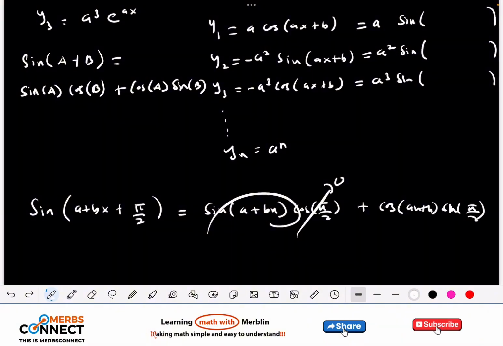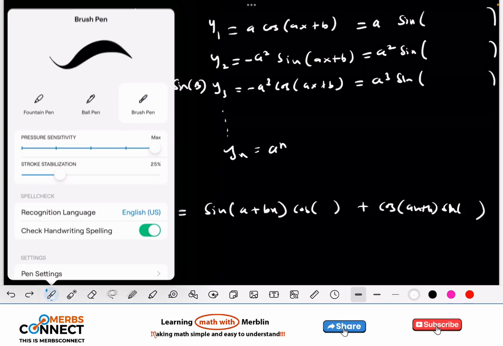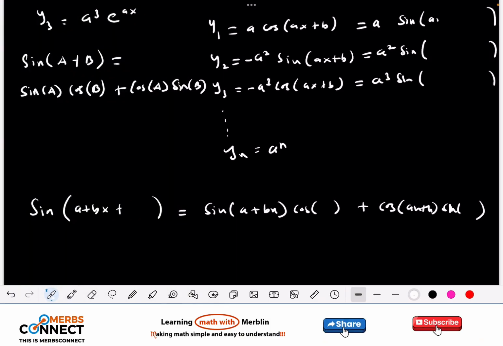So that's what you are going to have. And rewrite this one again: ax + b + 1/2 pi. That's cos 90. The next thing is we need negative sine of this.